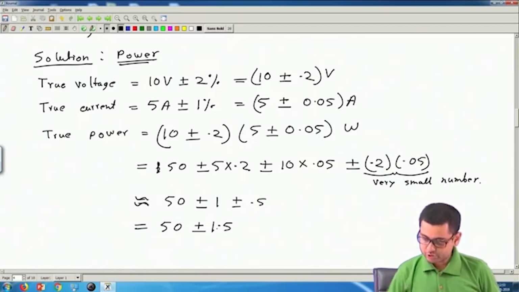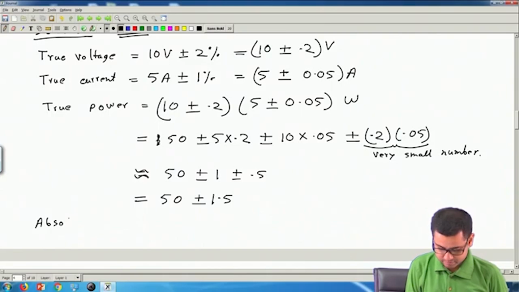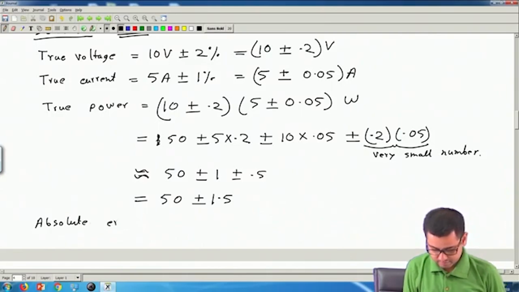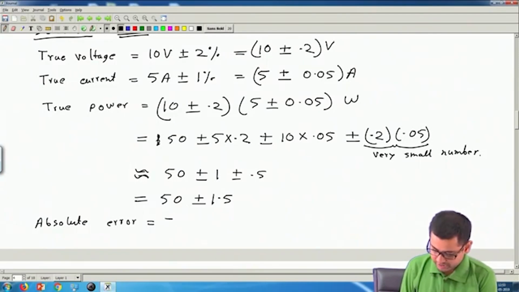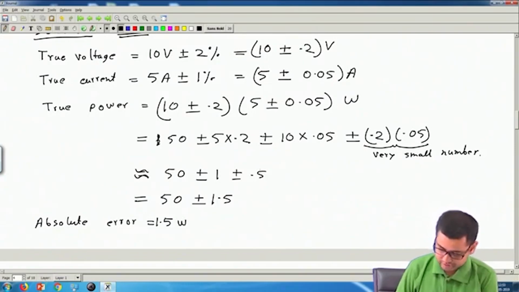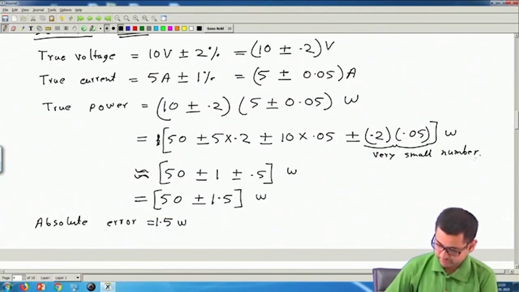Okay, so the absolute error will be how much? It will be 1.5 watt. Okay, so we have a watt everywhere. Do not miss the unit, otherwise it's meaningless.